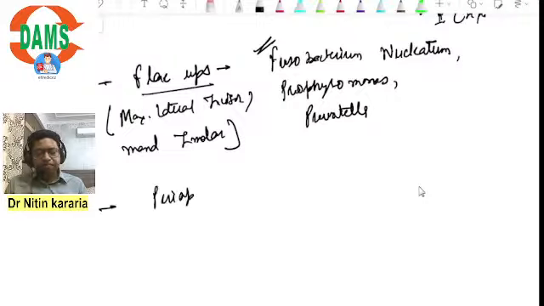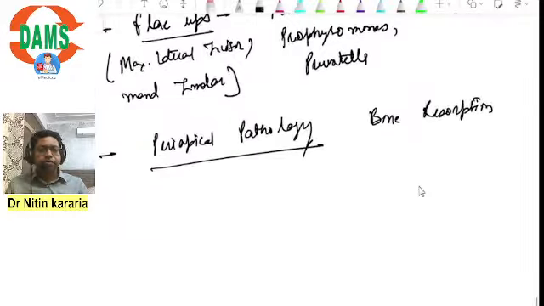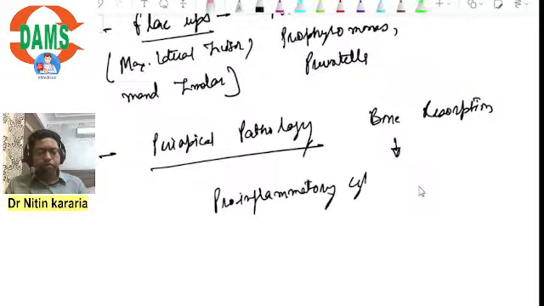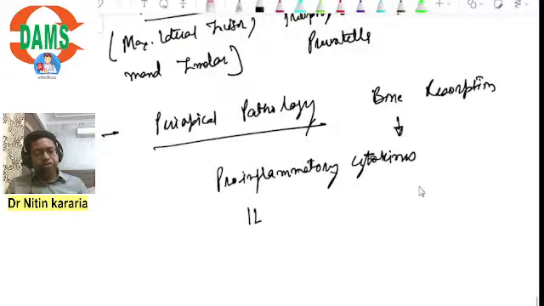Periapical abscess, periapical pathology. There is bone resorption. Bone resorption is due to pro-inflammatory cytokines, like interleukin 1, which is alpha and beta types, tumor necrosis factor alpha, and interleukin 6.